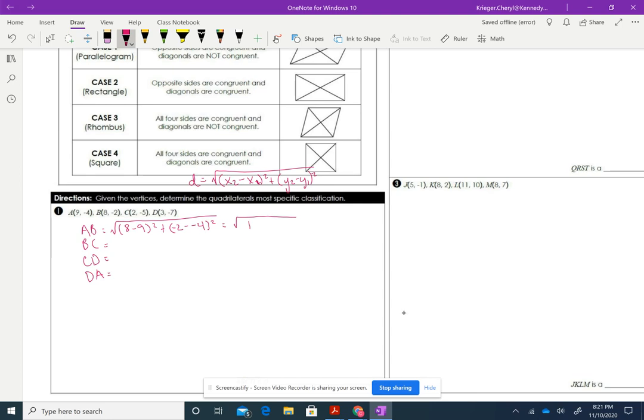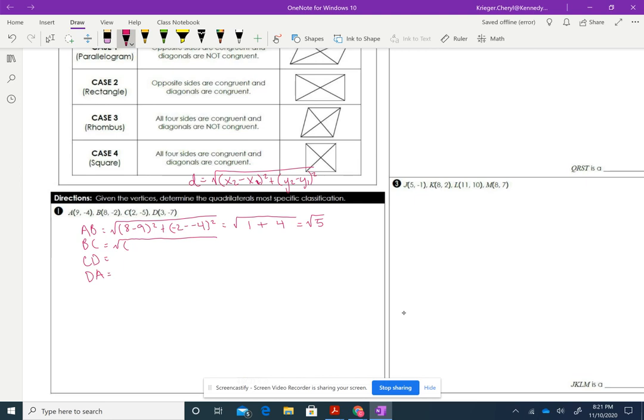Negative 1 squared is 1. Negative 2 plus 4 is 2. Square it is 4. So we have the square root of 5 for side AB. Let's go ahead and find the length for BC.